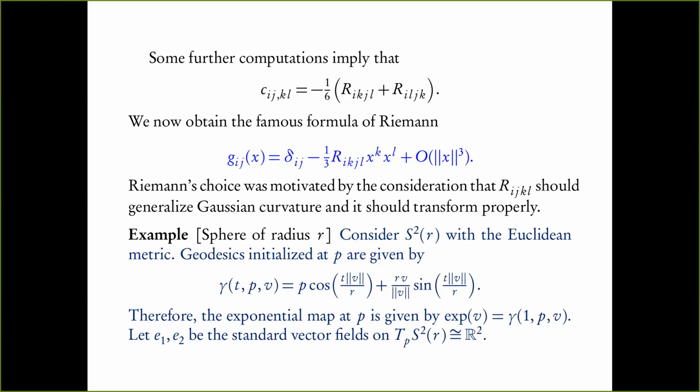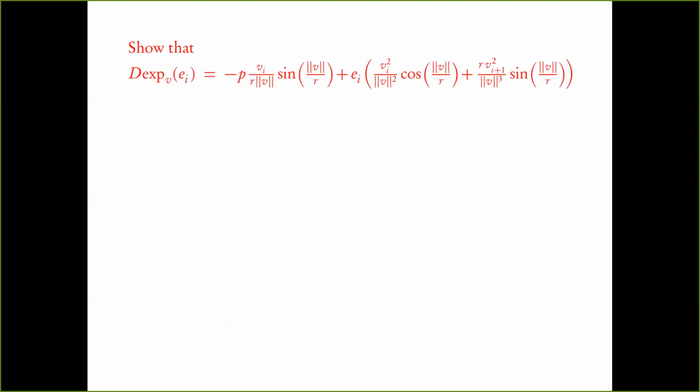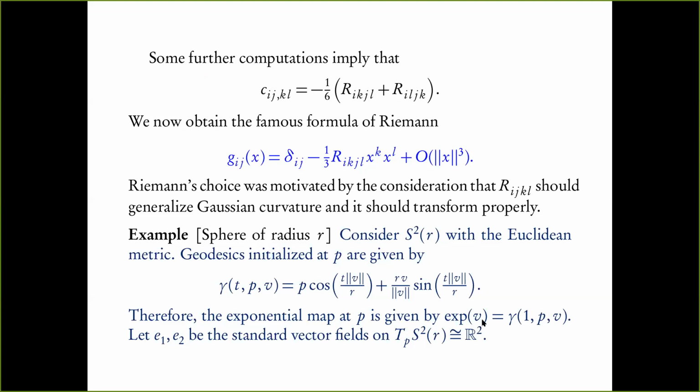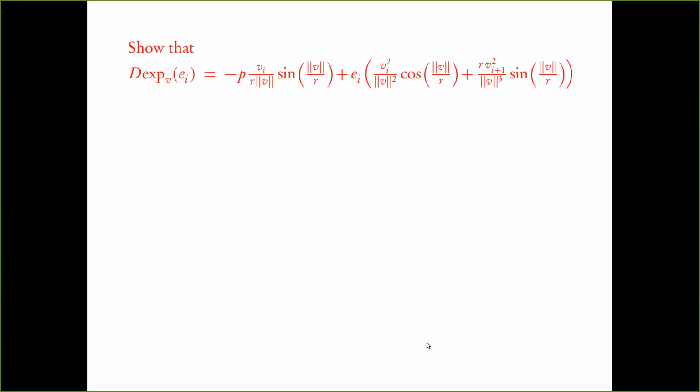Okay. So what do you want? You want to calculate the differential of the exponential map, because at the end of the day, you want to pull back the metric on the sphere to T_P of S^2_r and calculate everything there. You want to make this calculation happen in R^2, right? That's what we did. So this is an exercise, and it looks like a lot of terms, but it's not.